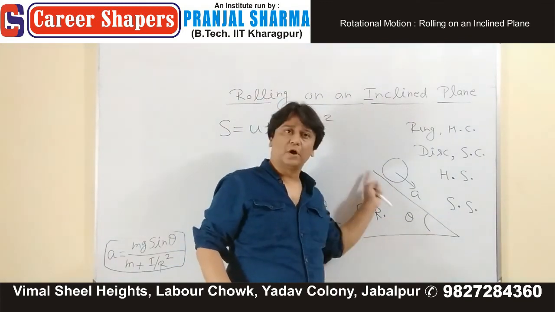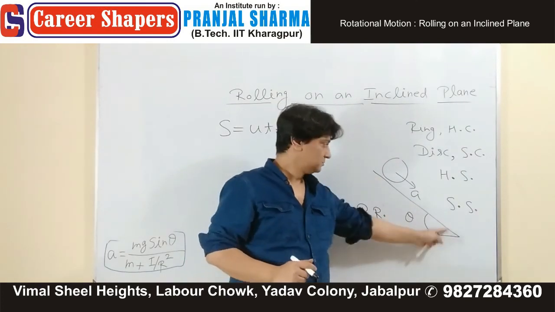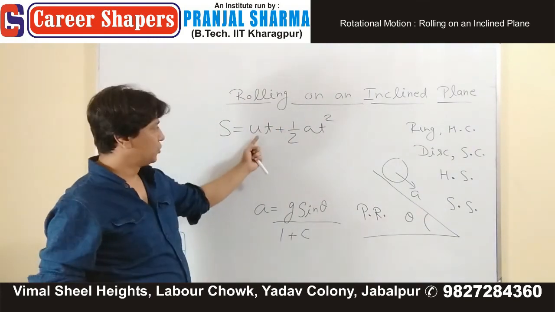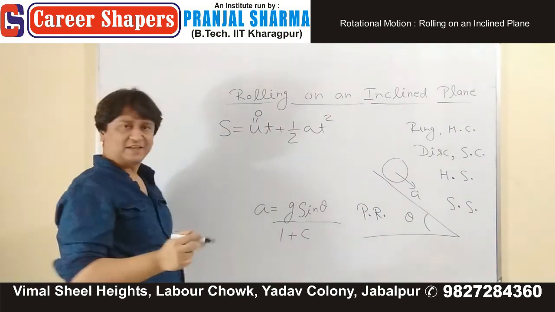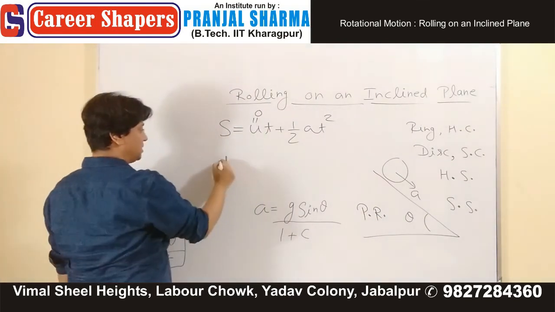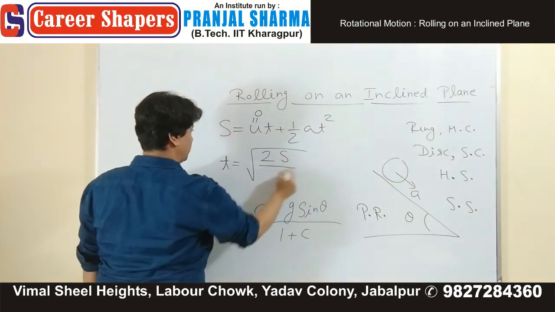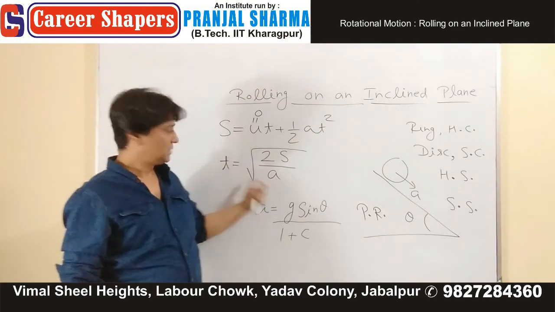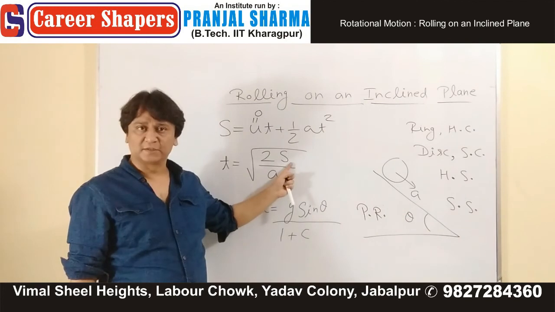And therefore they all travel the same distance. Initially they were released and therefore u is 0. Let's save time. So your t is coming root over 2s upon a. They are traveling the same displacement.